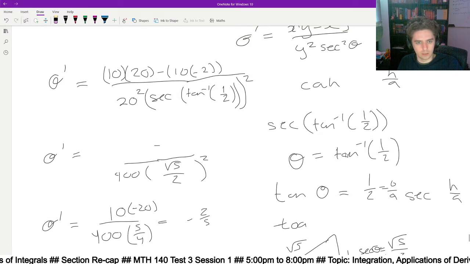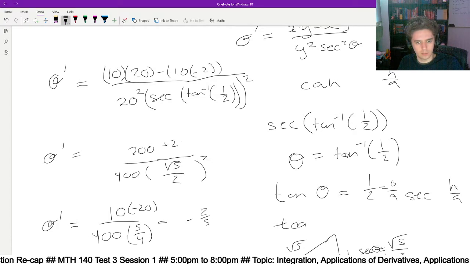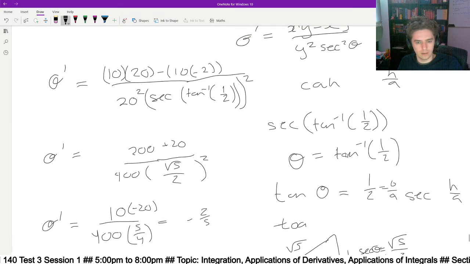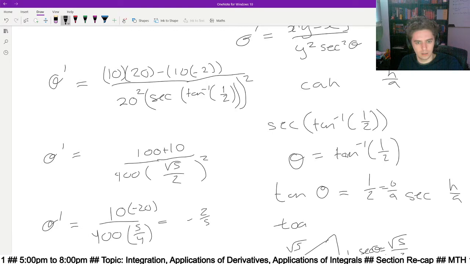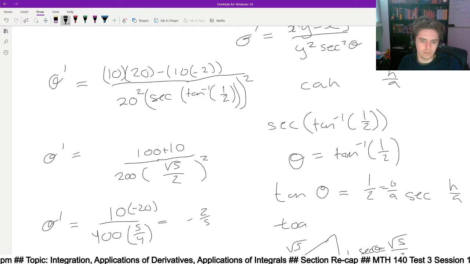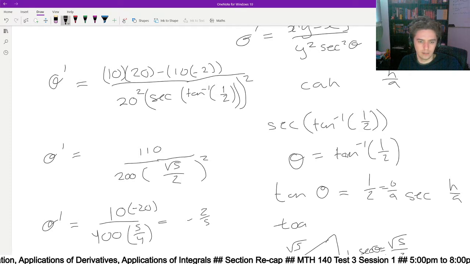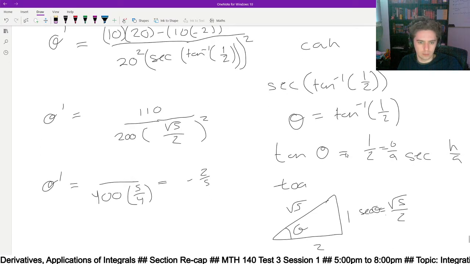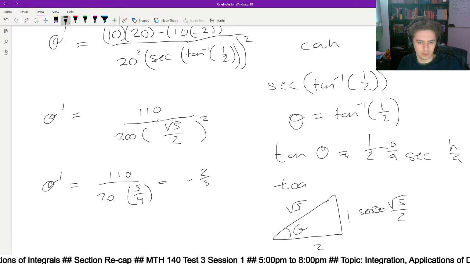So the top will turn into 200 plus 20. Is that right? Yep, looks right. So 100 plus 10, and that's a 200 there. So I just put 110. So this should be 110 over 200 times that.